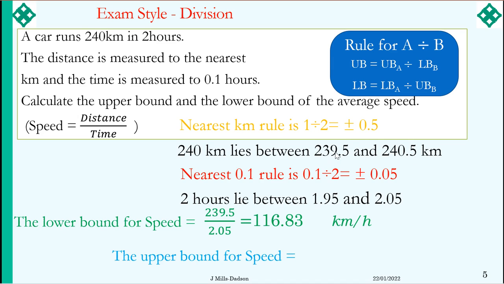So the smallest of the numerator divided by the biggest of the denominator. That's what we'll have, kilometers per hour. Upper bound, you take the biggest of the numerator divided by the smallest of the denominator. So that's 123.33 kilometers per hour. So it is all a test of knowing which choice of numbers to use in your calculation.